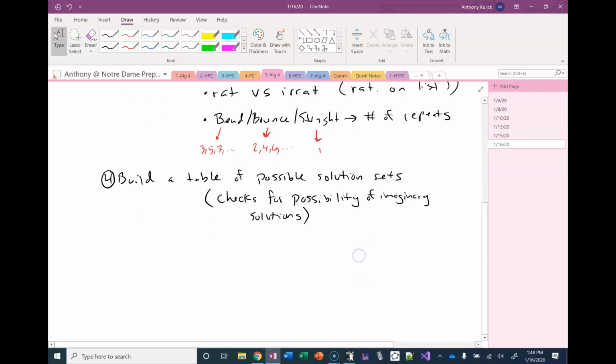and we're going to build out a table from this.